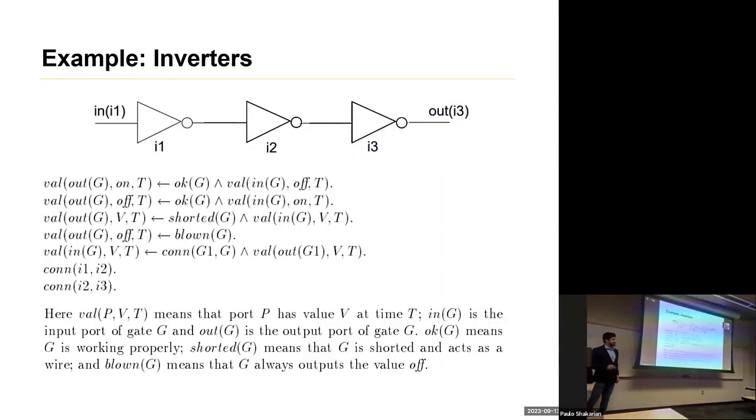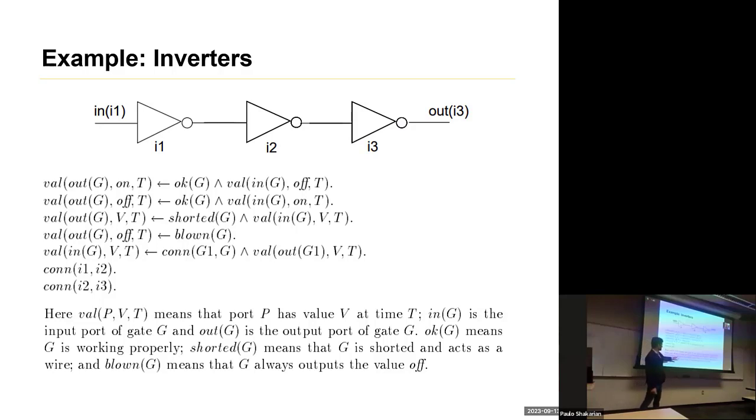Okay, so here's the basic scenario. Let's say we have some inverters, and the inverters are inverting signals. Value at PVT means that port V has a certain value at time T. In is the input port of gate G, out is the output port.